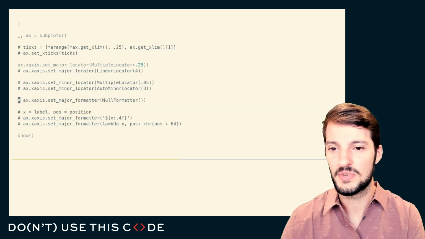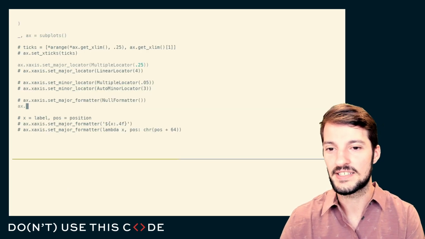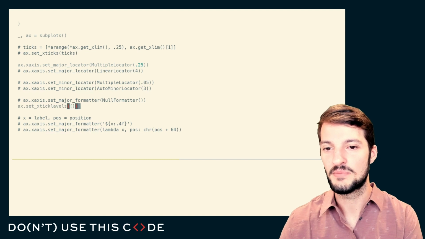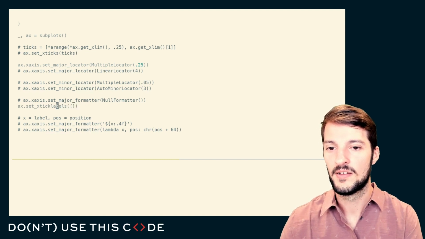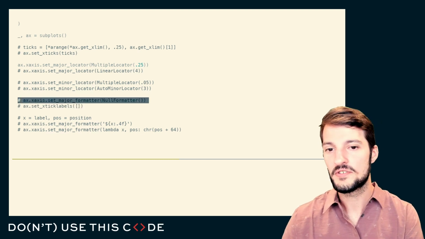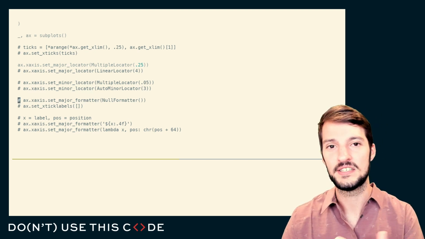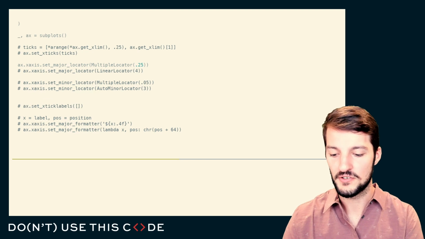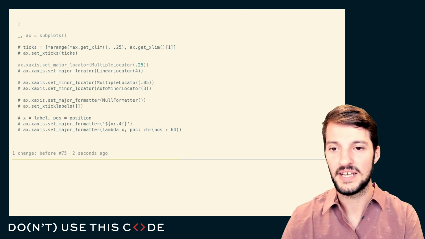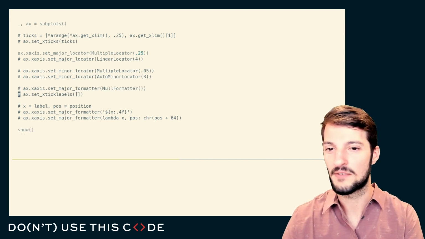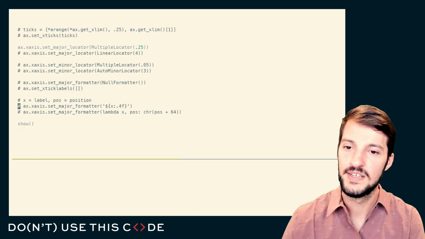This is pretty much the same thing as saying ax.set_xticklabels and passing it just an empty list. But we can use this entry point of a formatter. If you're doing anything dynamic, you can pass in different formatters. And if you just want to turn it off, you could simply pass in a null formatter instead of having to manually set the labels.